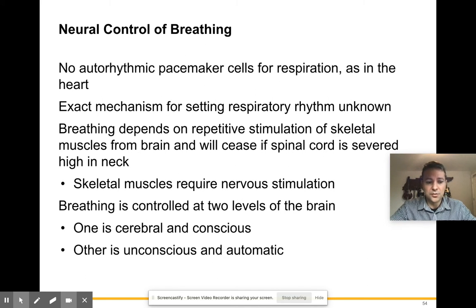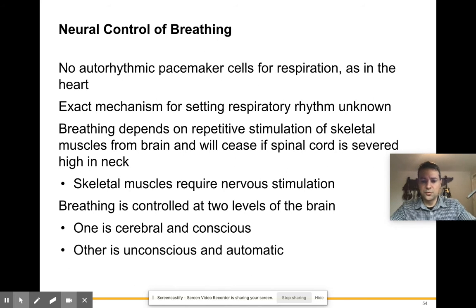So it is different, but there are some similarities. There is no autorhythmic pacemaker like in the cells of your heart for respiration. When we looked at the cardiovascular system, we looked at these things called nodes, right? These little electrical impulse spots on your heart that keep a rhythmic pattern. It keeps the atria firing at the right time, keeps the ventricles firing at the right time.